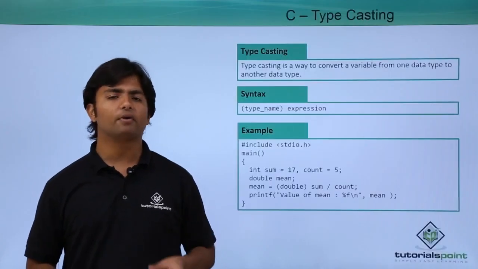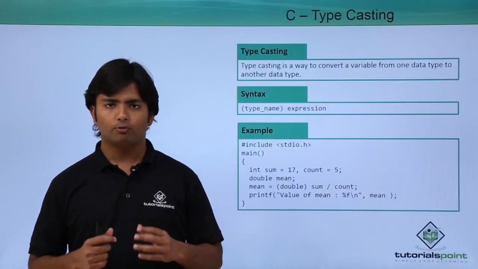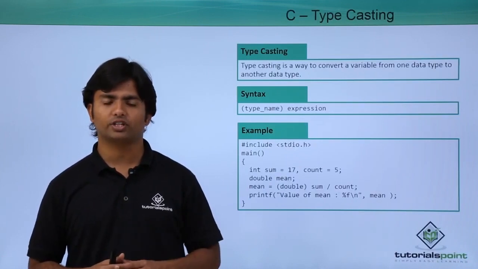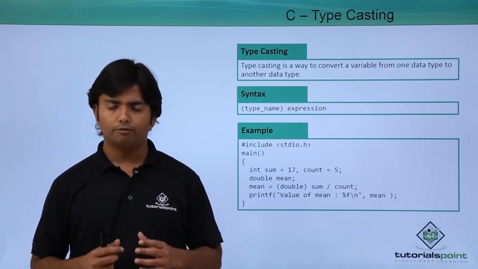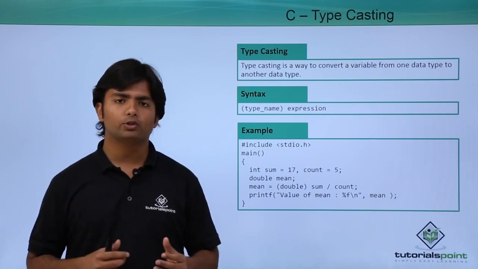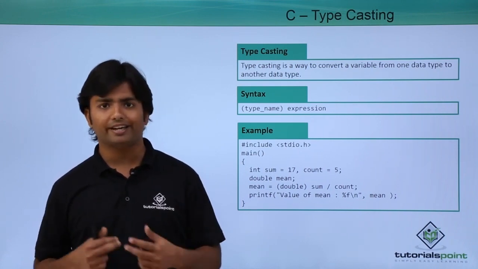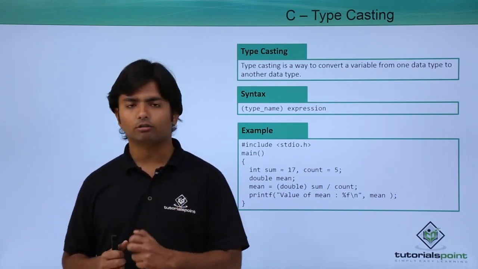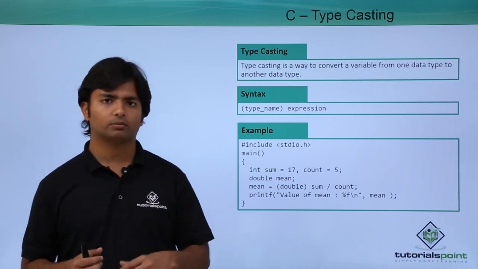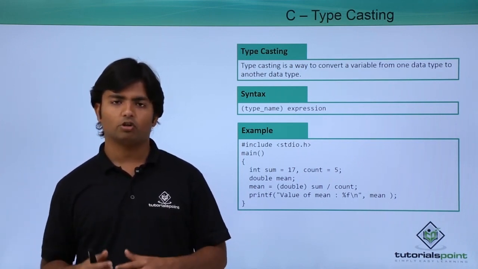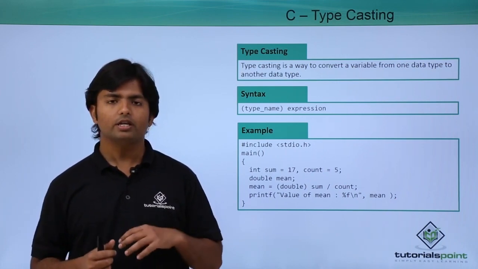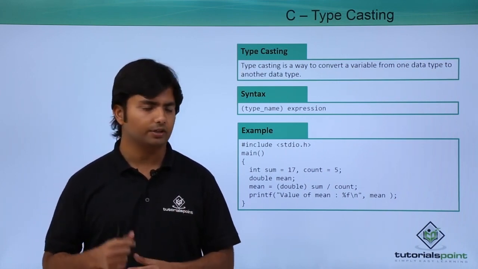Basically, whenever we write a basic program in C language, we define some variables or constants using some data types. If after that I go through some operation, or write an expression, the resultant of that expression may be of some other type. So in order to maintain the type, we need to use typecasting.